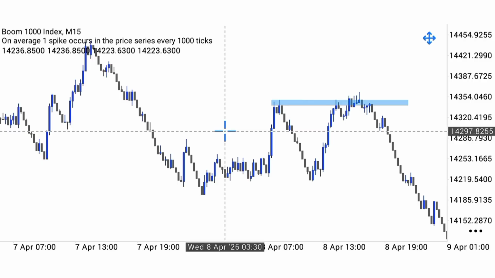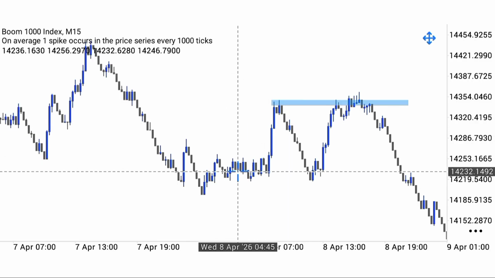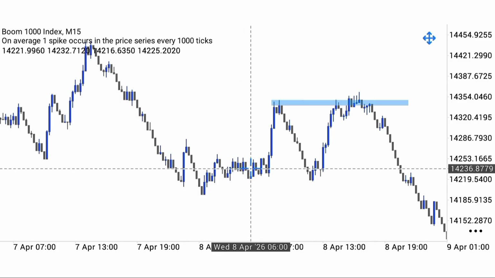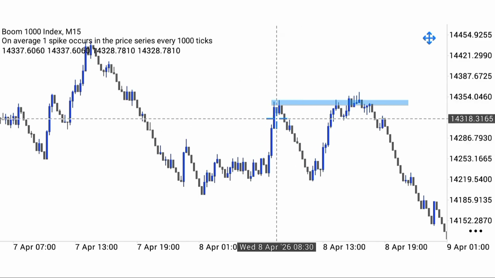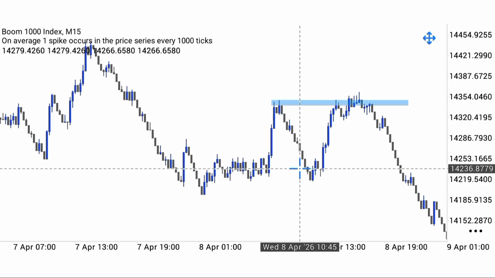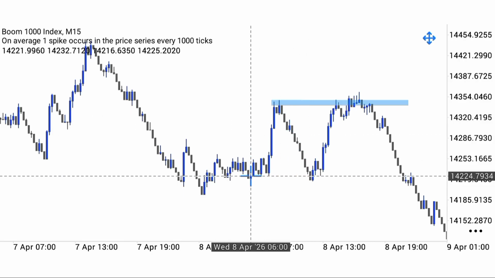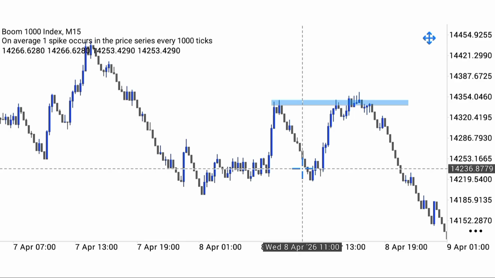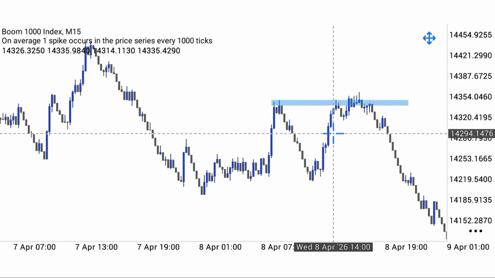So for example, you have the price, this little movement here, this is different. Then you have this price move big down. So here you see that this price movement is bigger than what you see here. So you need a price movement that is bigger and very visible on the chart.